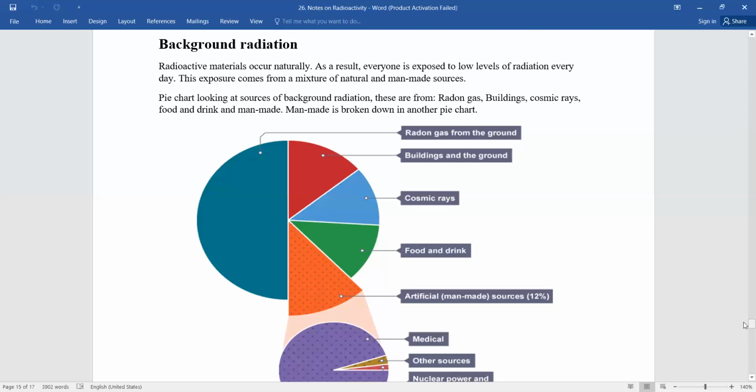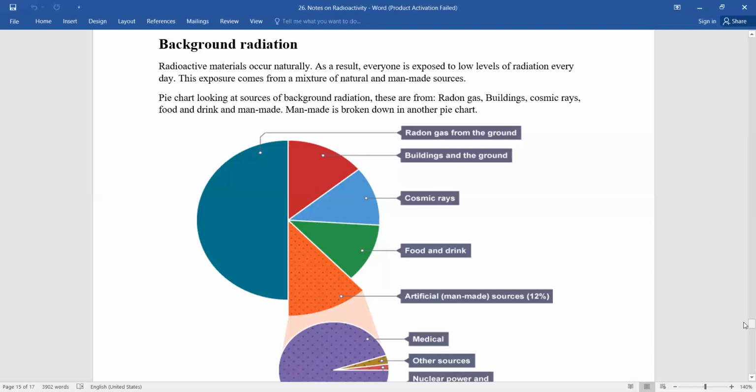On the screen of the count meter, sometimes it's coming 20, then sometimes 15, then 17. This way, even when we are not giving any radioactive source, this type of count is coming in the count meter. So why is it coming? It's coming from the surrounding radioactive sources.